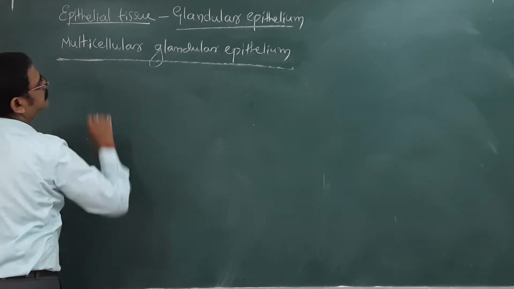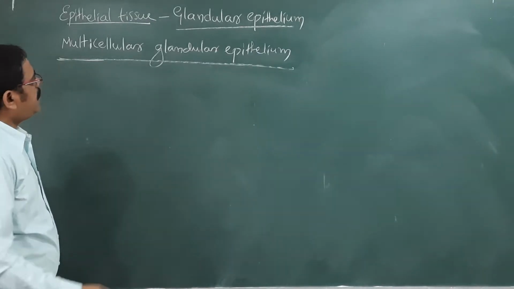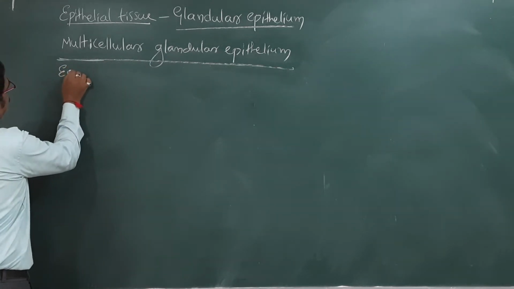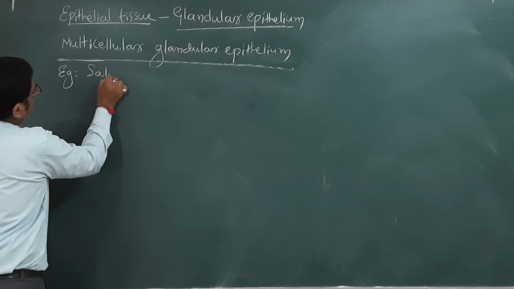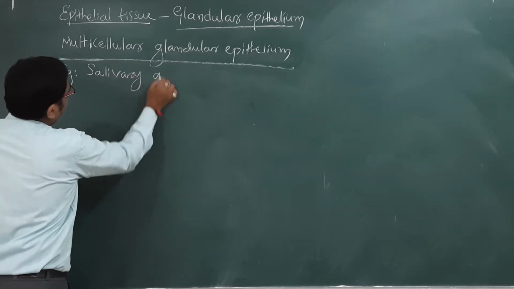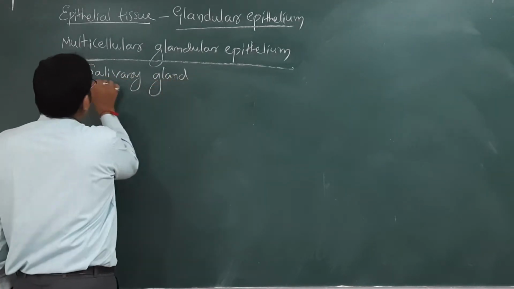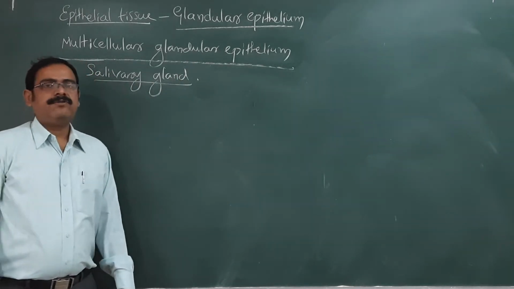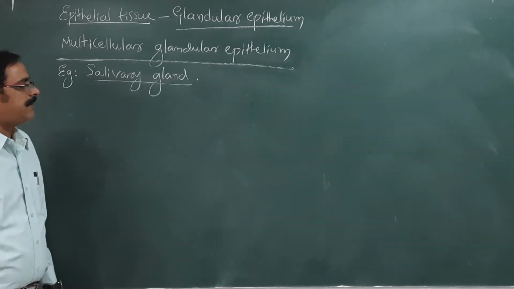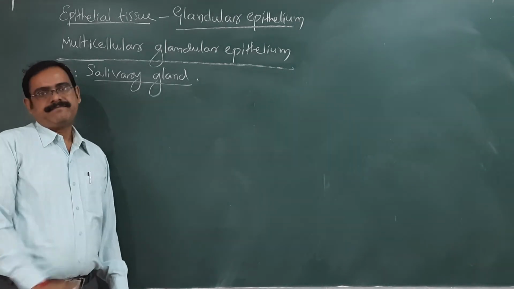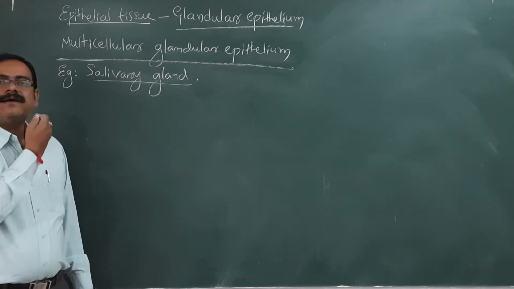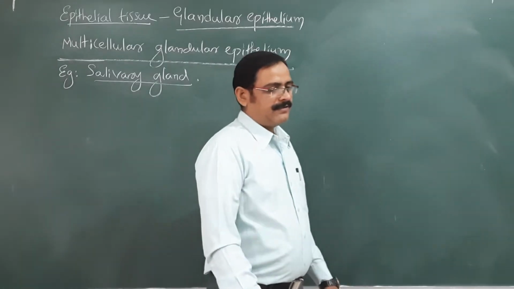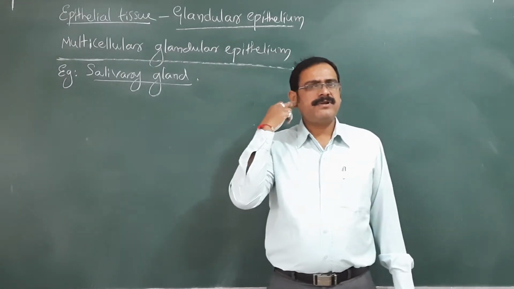So where is the best example for this? Salivary glands are the best example for multicellular glandular epithelium. We have the salivary gland below the tongue, which we call the lingual. On either side of the cheek we have salivary glands called the parotid, just below the ear.